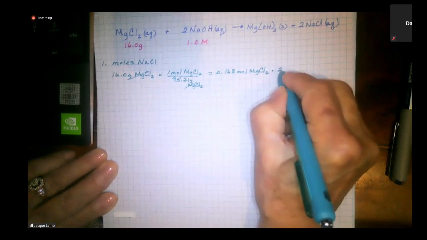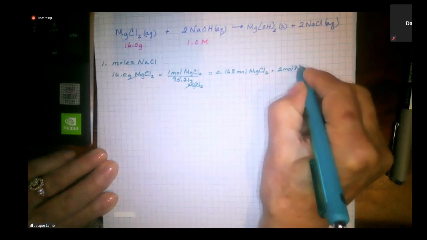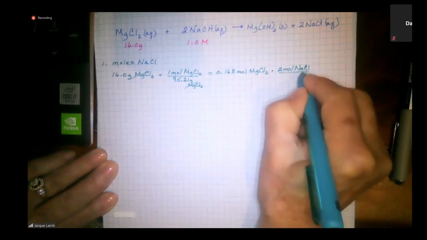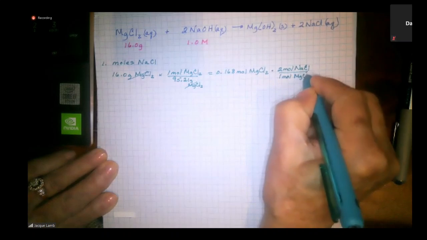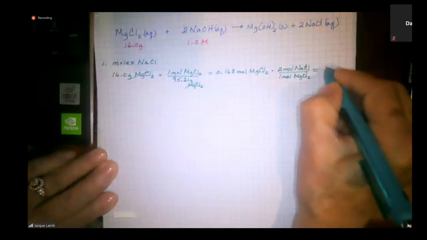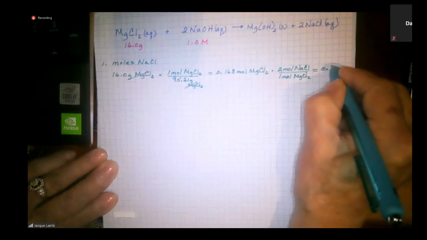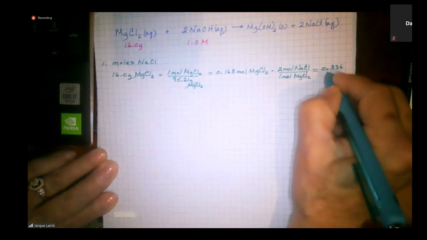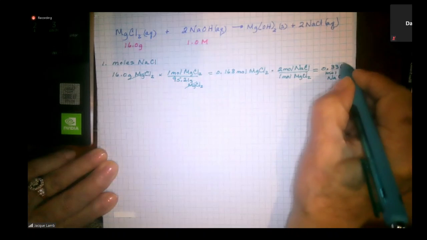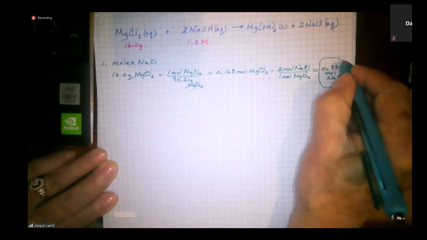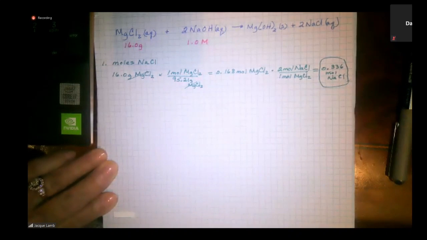It's 2 moles of NaCl to 1 mole of MgCl2. And so that equals 0.336 moles of NaCl. So that is how many moles of NaCl I get as a product.